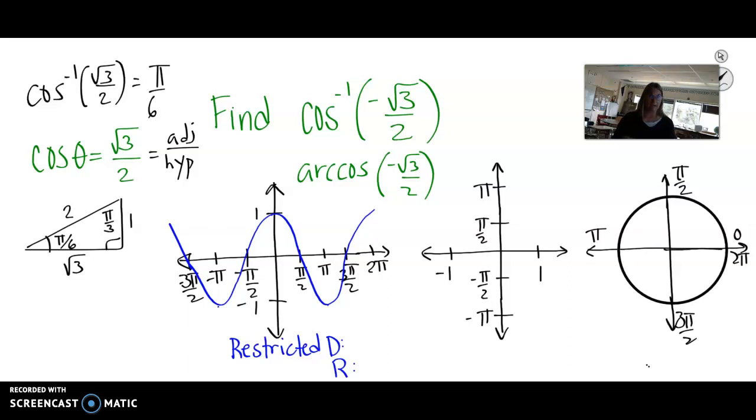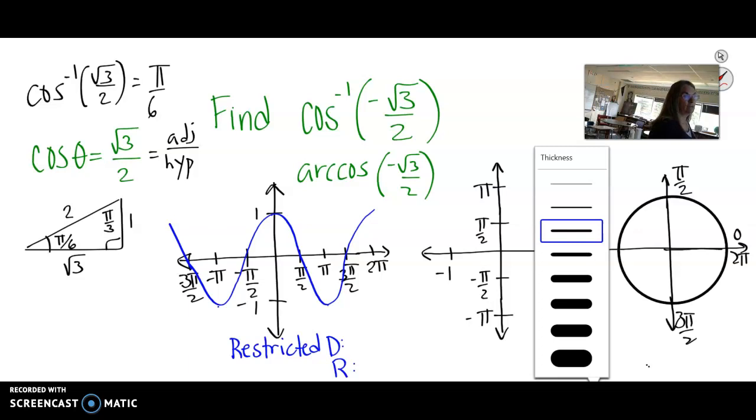Okay, so I'm going to back up to what we did a couple days ago with looking at the cosine graph, which is this blue graph here on the left. And remember, we had to restrict the domain so that our inverse would also be a function. Otherwise, the cosine curve isn't one-to-one. It doesn't pass the horizontal line test.